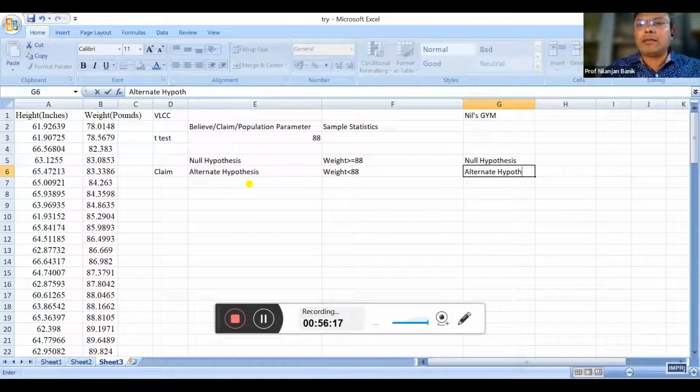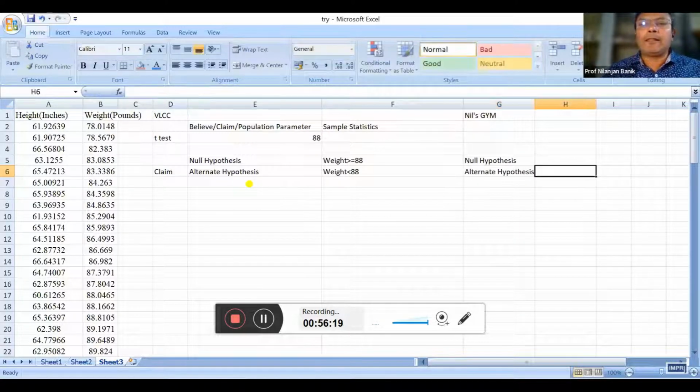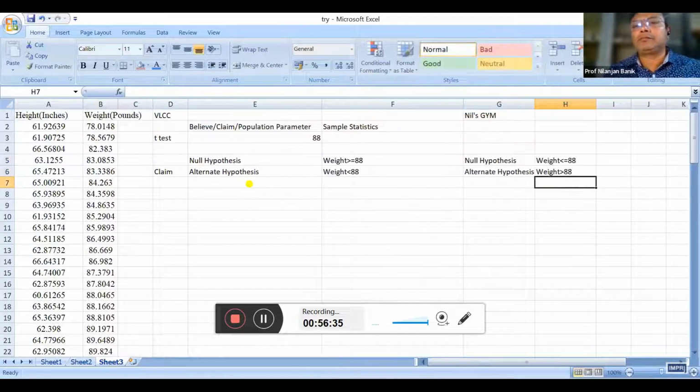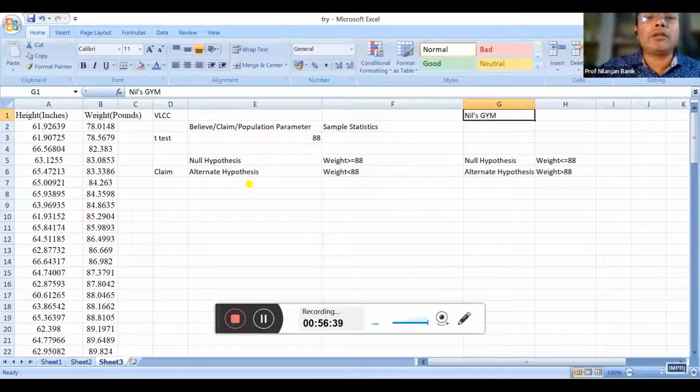In my case, the alternate is weight is not going to be less, but it is going to be more than 88. And here my null is weight is equal to. So this is the competitor's gene.